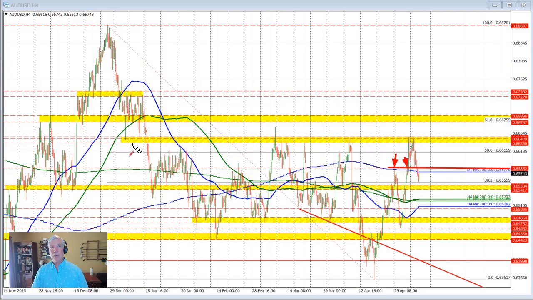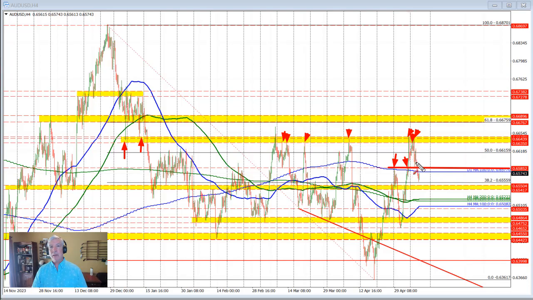We moved up to this swing area up through here. You can see the different levels that were in play through this area, in particular these highs right through here that put a lid on the pair. In trading last week and again this week, the price did find resistance sellers in that yellow area between 0.6635 and 0.66439.